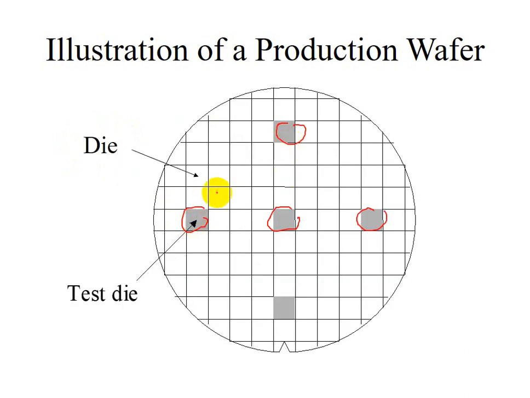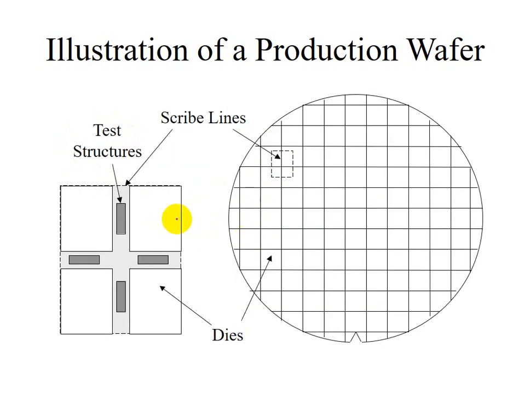Over here you have 5 test dies, which become waste. But using the scribe line, you can design the test structures there, which are eventually cut off.